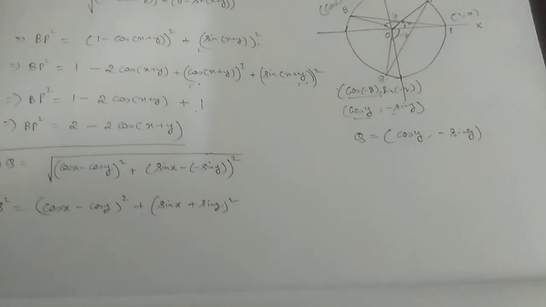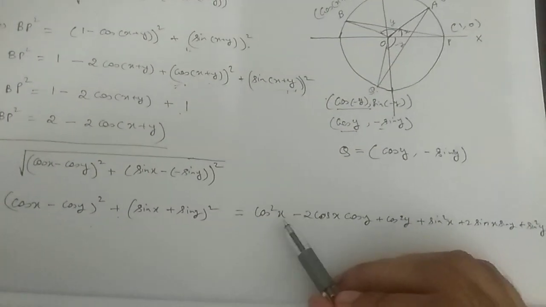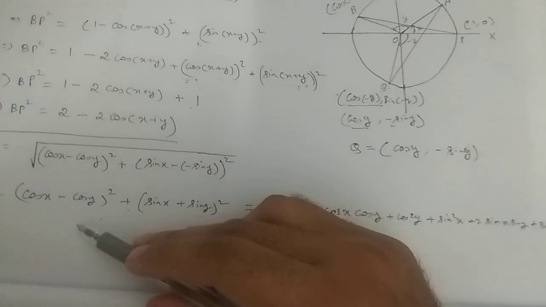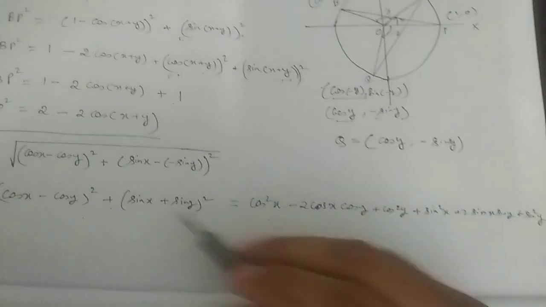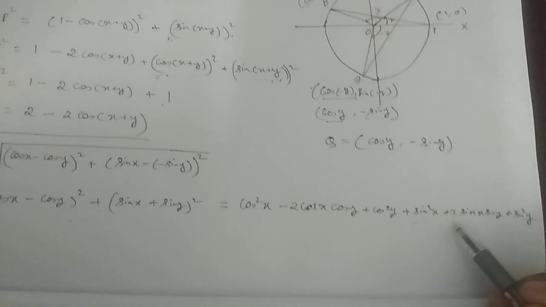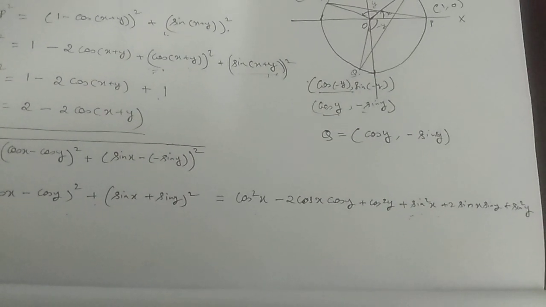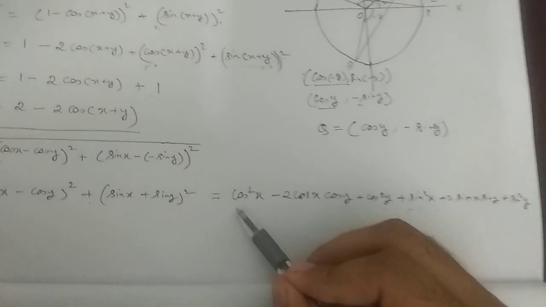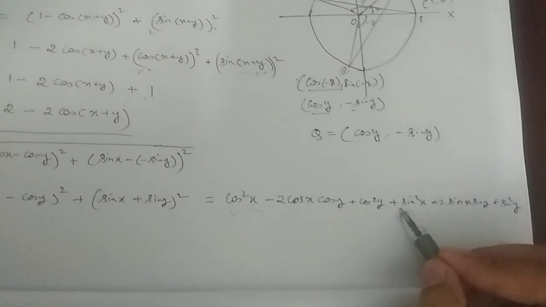Further expanding, we get cos square x minus 2 cos x cos y plus cos square y, that is a minus b whole square formula, plus a plus b whole square formula. After applying that, we are getting sin square x plus 2 sin x sin y plus sin square y. Now here one thing to observe, that cos square x and here we have sin square x.